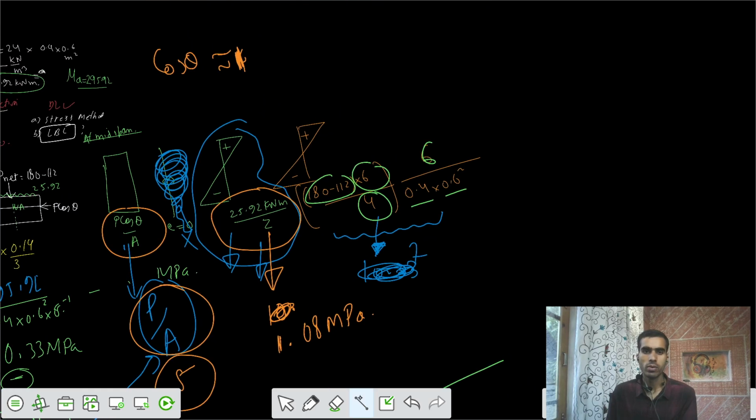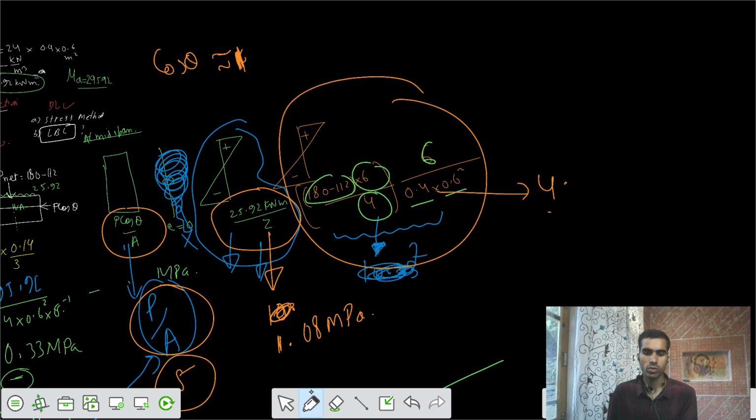And the third part we have to calculate: 180 minus 112 into L by 4 into section modulus. Okay, this value is equal to 4.250 megapascal.